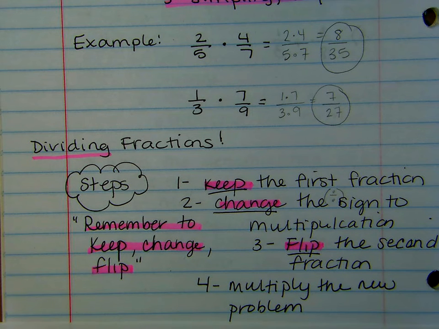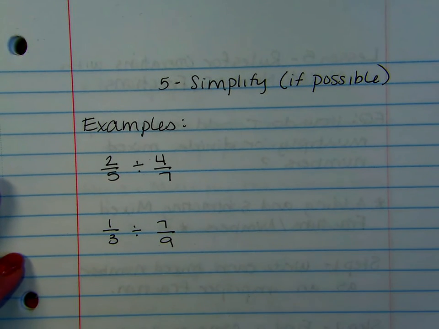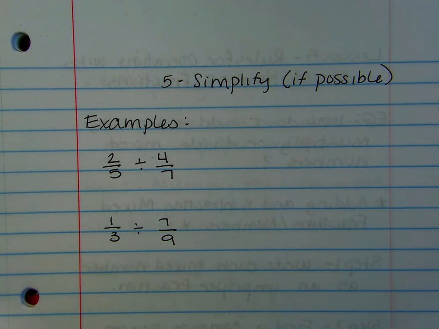Now, what do you think that fifth step is going to be? If you said that that fifth step was going to be simplifying, you were correct. Because we always, once again, want to make sure that any fraction answer that we have is in its simplest form.